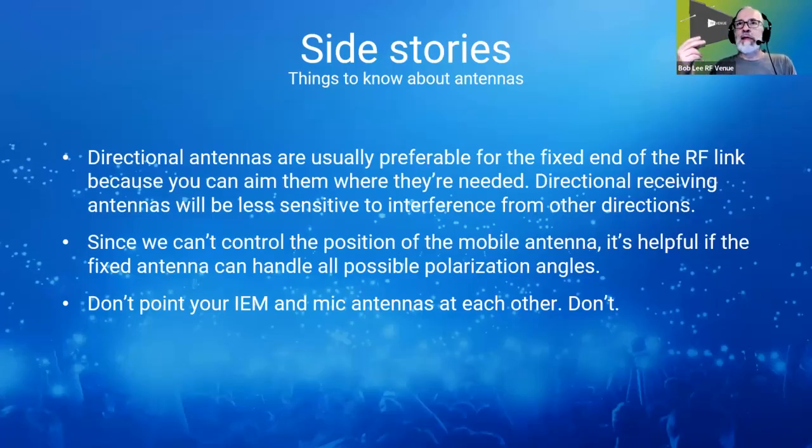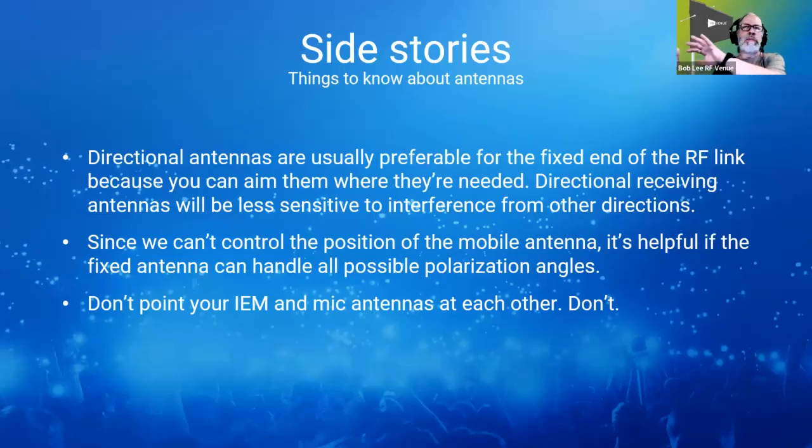And lastly, I actually get phone calls from people who set up an IEM transmitting antenna on one side of the stage and put their wireless mic antenna on the other side of the stage and aim them across. Don't point your IEM antenna at your mic antenna.